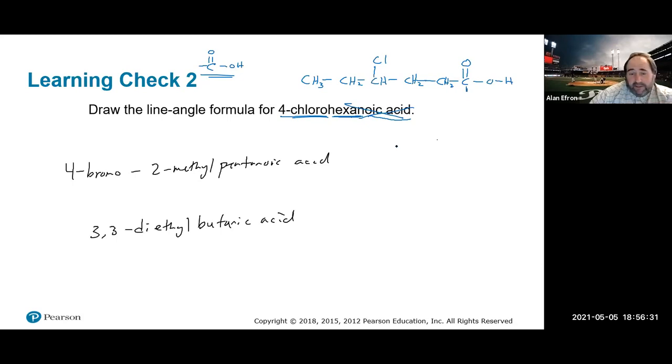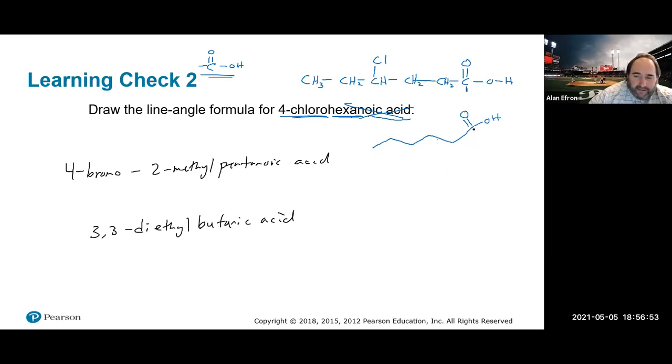Now that you have that structure drawn, it might be easier for you if you wanted to do the line structure. We would do the same thing. You want to start with 6 carbons: 1, 2, 3, 4, 5, and 1 more makes 6. We need to add our carboxylic acid group just like we did before, so I will do it over here at the end carbon.